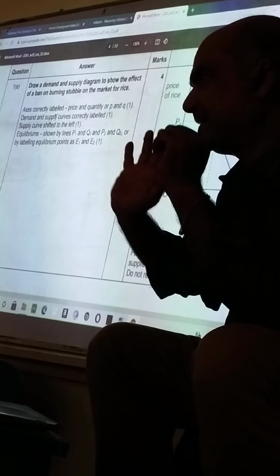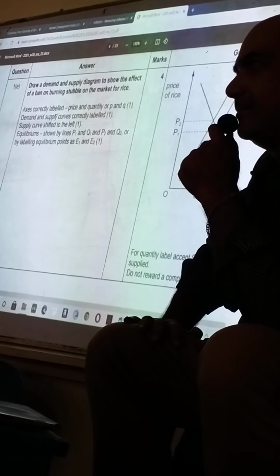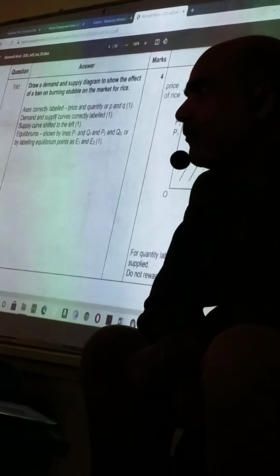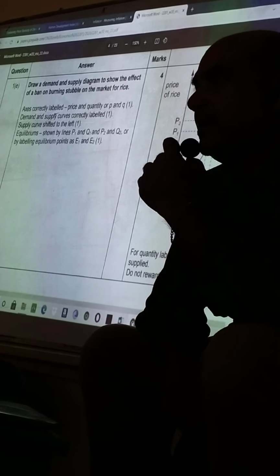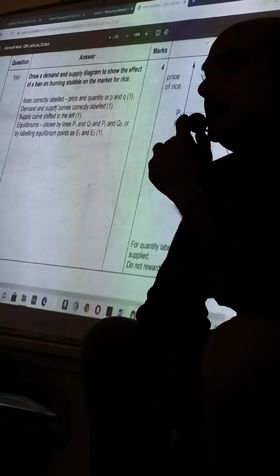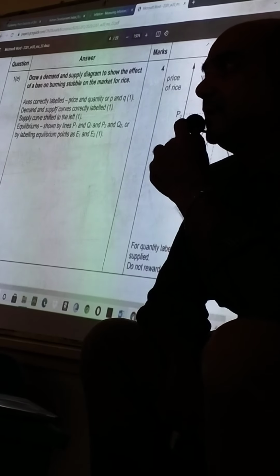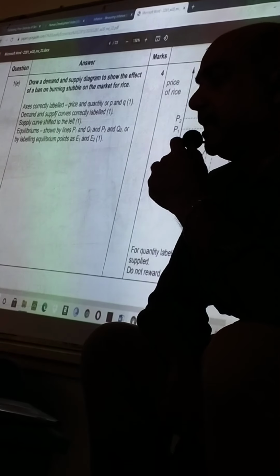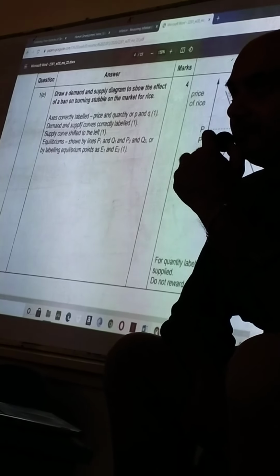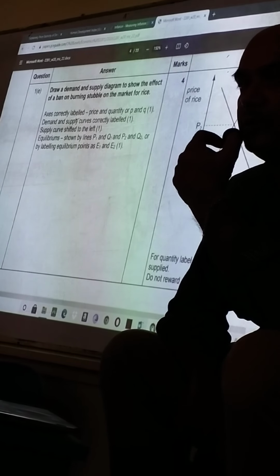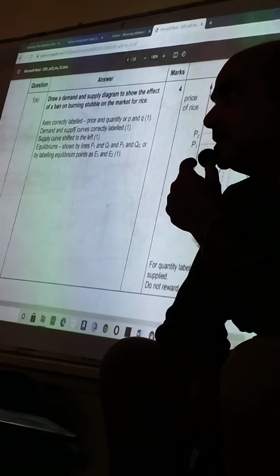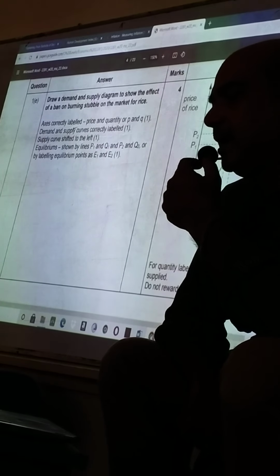This is the mark scheme, right? Correct? What is missing? E1, E2, arrows, which show the decrease in supply, which show the increase in price. I hope that they are not going to ban my video on this, but this is the thing which is missing.